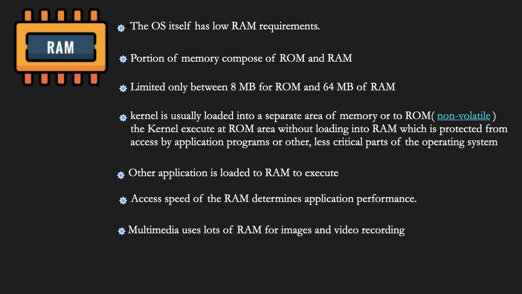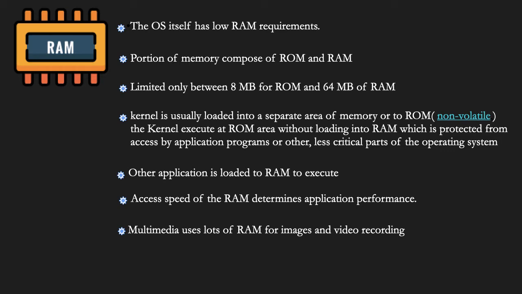The kernel is usually loaded in a separate area of the memory, the non-volatile type. The kernel executes in the ROM area without loading into the RAM, which is protected from access by application programs or less critical parts of the operating system.